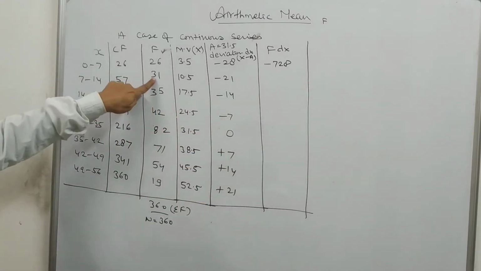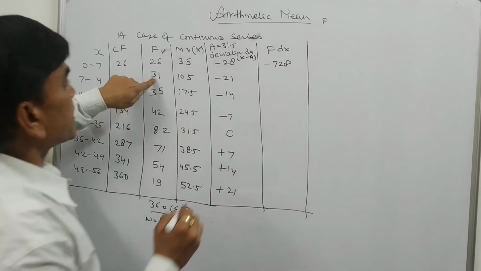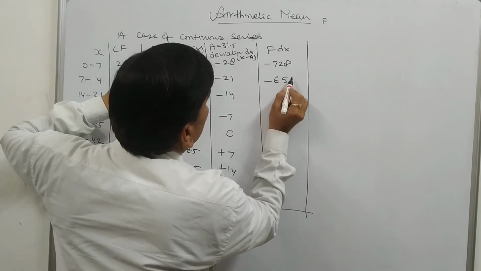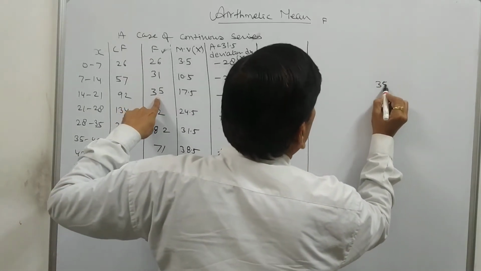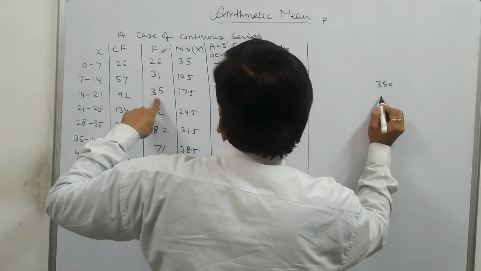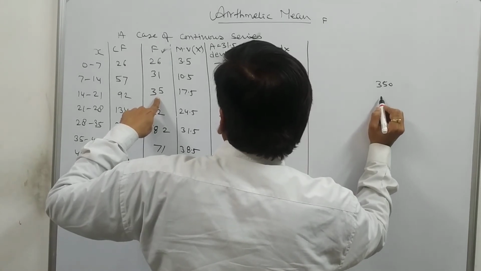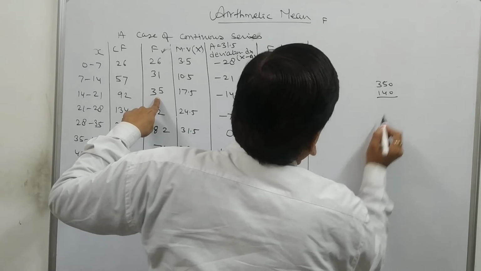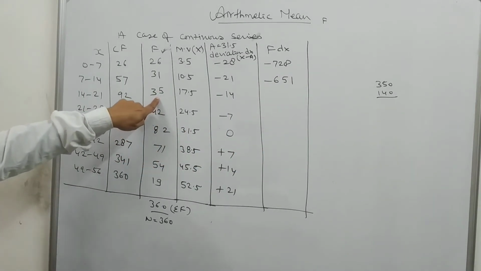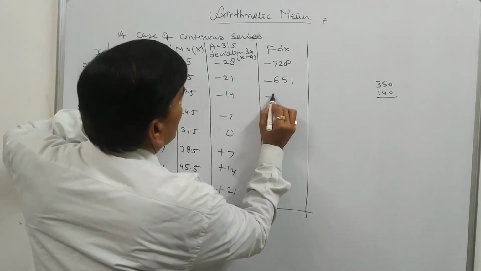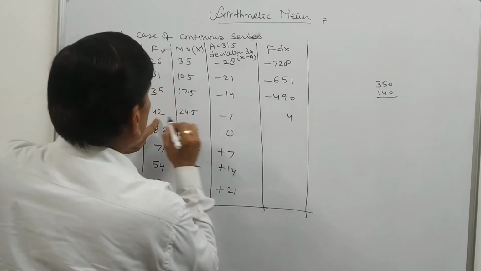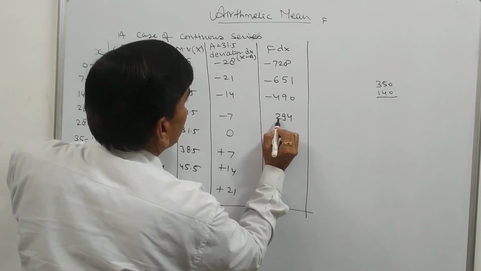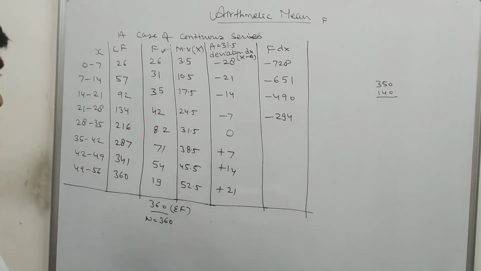Okay. Now 31 multiply by 21, that is 651. 35 multiply 40, so 3501. And 4 times 35, 140, so minus 490, this will be. Multiply by 7, that will be minus 290.